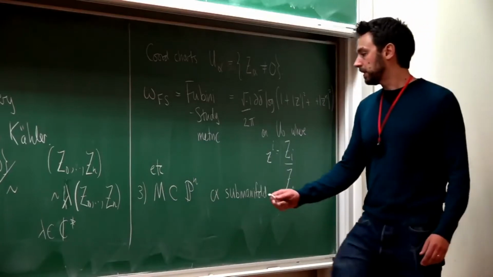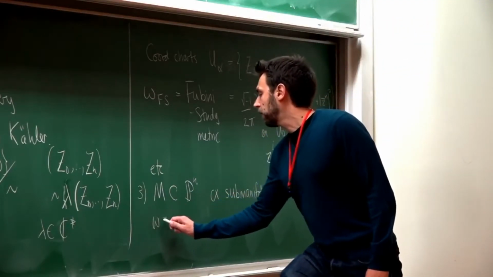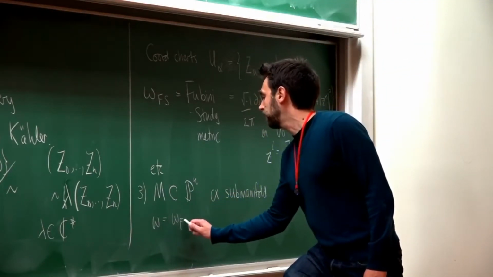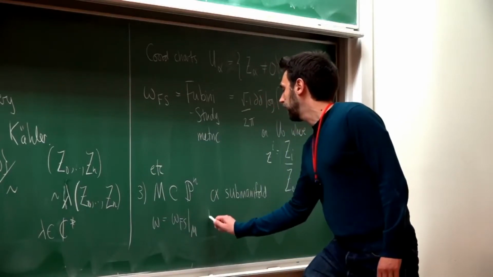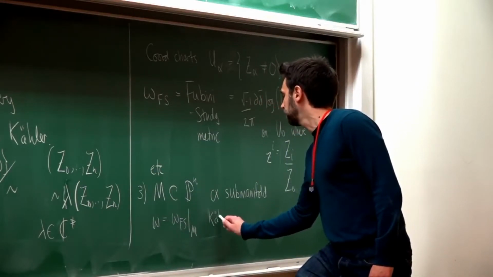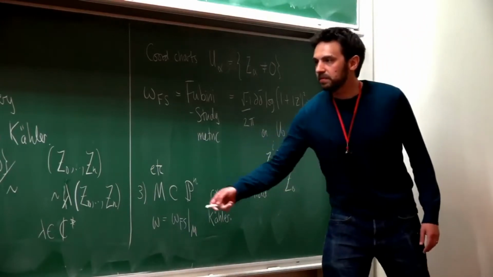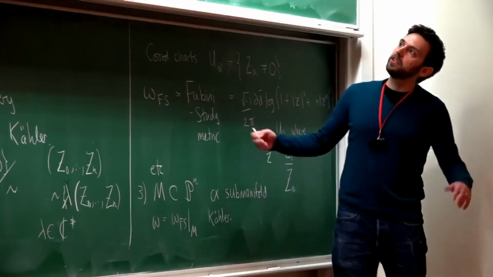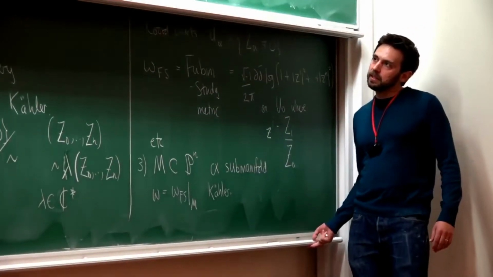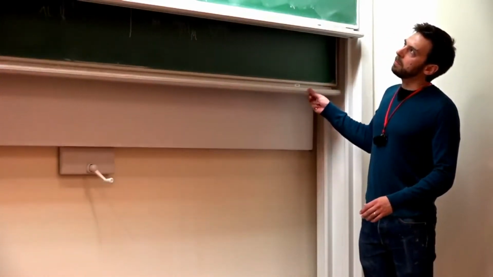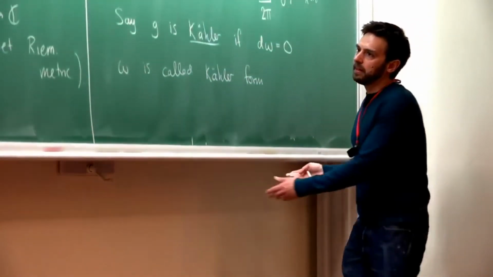So any smooth projective variety admits a Kähler metric because you take omega, you take the Fubini-Study metric and restrict it to M, and this is Kähler. Okay, so these are the basic objects of algebraic geometry. So this is, of course, an important class of examples.